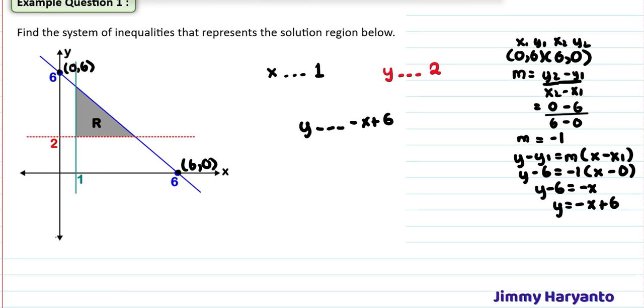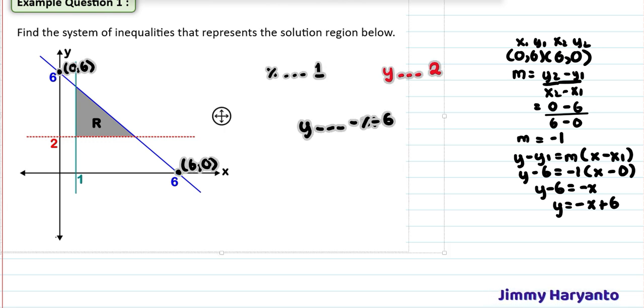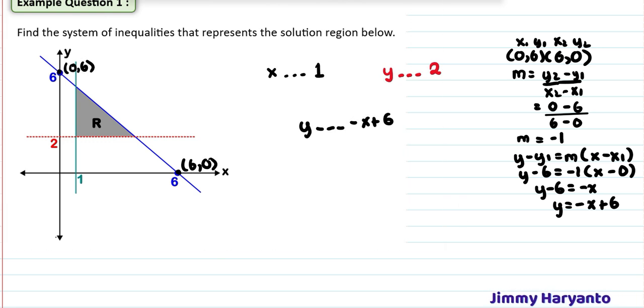The idea is the solution set will be all of the points inside the region, right? So if you choose one point inside the region, it has to satisfy these expressions. How do you determine the less than or greater than? Let's choose 2,3, which is inside the region.